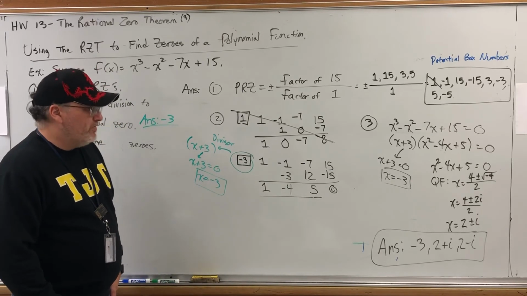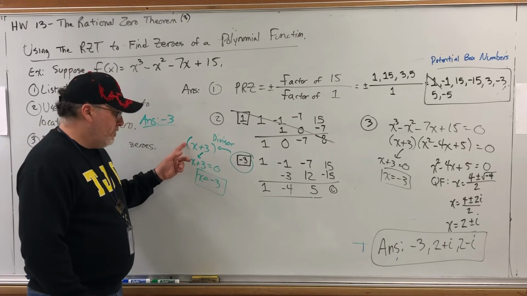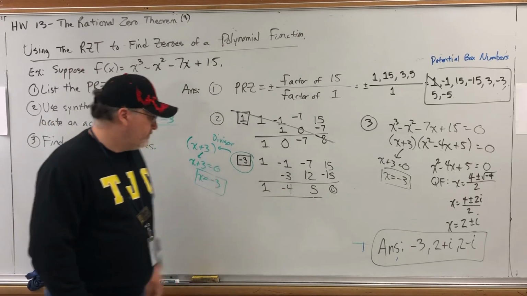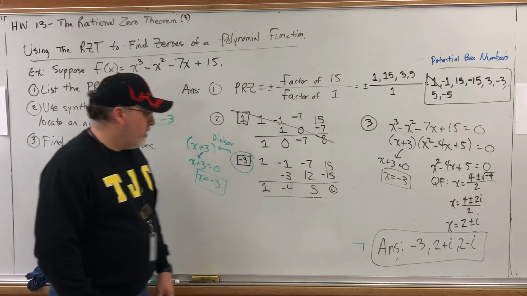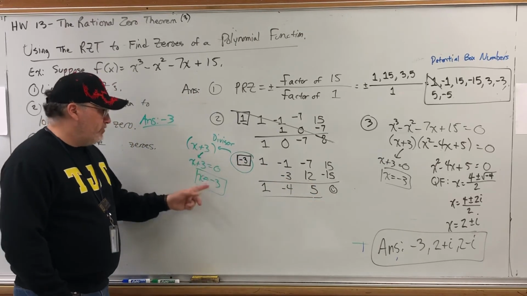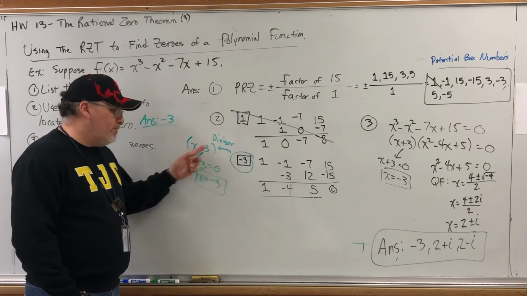When you get a remainder of 0, you found 2 factors. One of them comes from the box number, the other one comes from the quotient. Also remember that if a box number gives a remainder of 0, then that box number also doubles as one of your zeros of your function. There's no need to rebuild its factor.